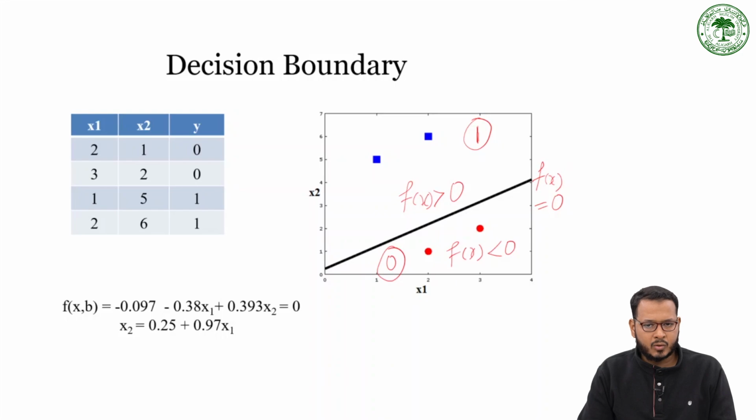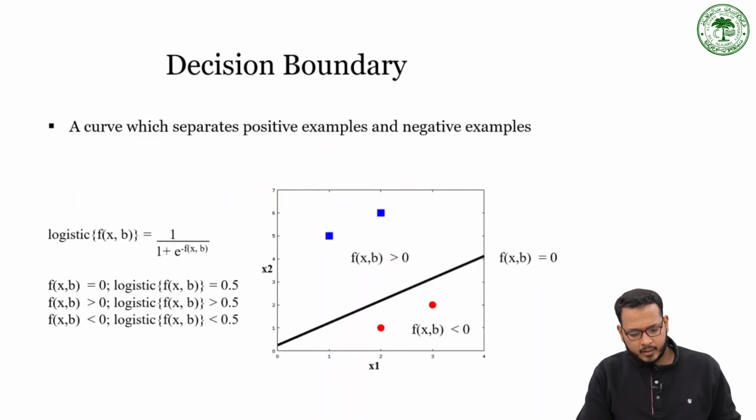That's why f(x) is called a decision boundary, which separates one type of examples from the other. So a decision boundary is a curve which separates positive examples from the negative examples.